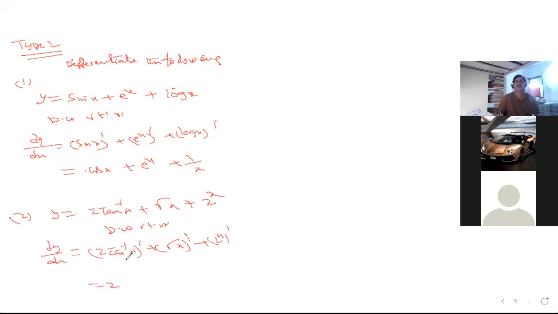So tan inverse x derivative is 1 by 1 plus x square, root x derivative is 1 by 2 root x, 2 to the power of x derivative is 2 to the power of x into log 2. Am I right, sir? Yes, sir. Okay, guys.